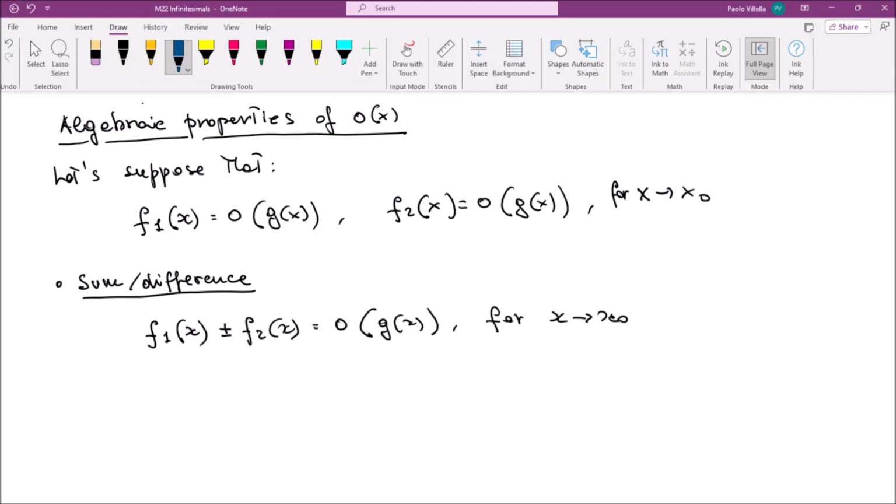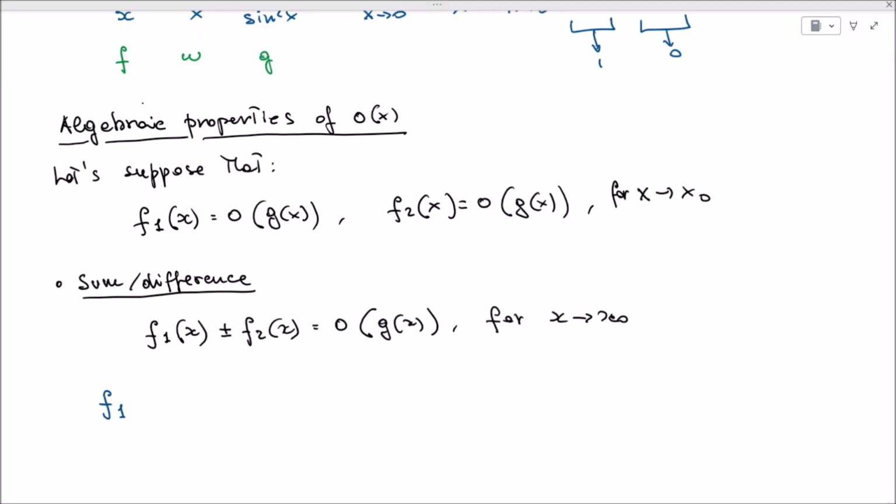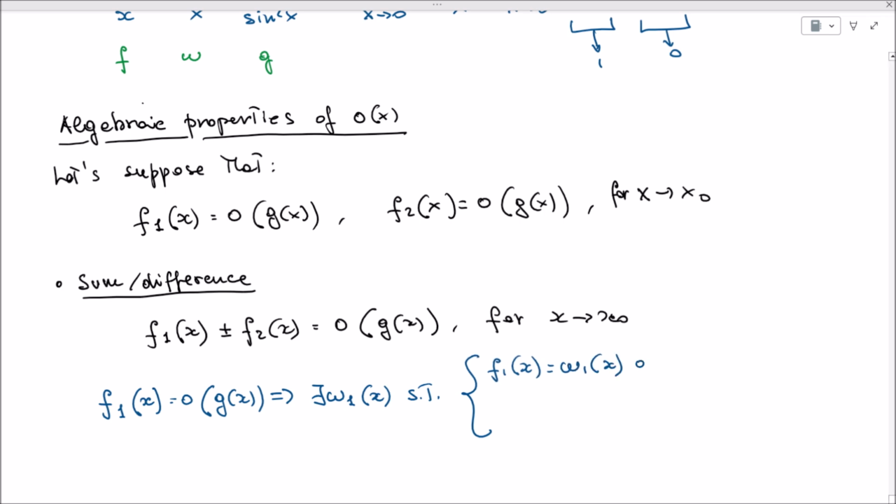Why is that? Well, if we just take the definition of f1 of x to be equal to little o of g of x, this implies that there exists a function omega 1 of x such that f1 of x is equal to omega 1 of x times g of x, in the domain of definition of the function.